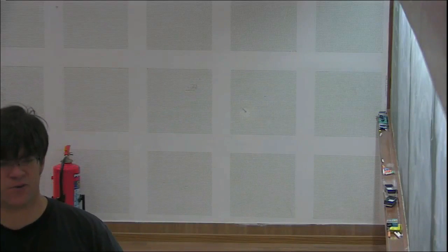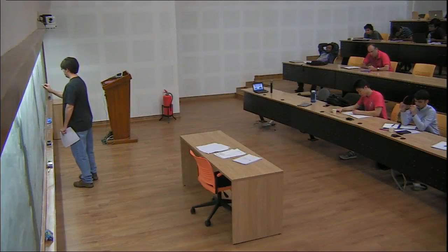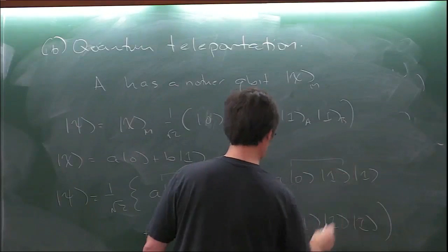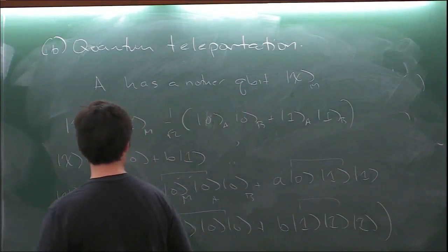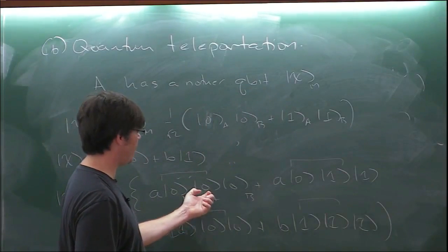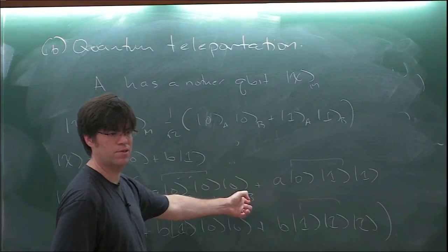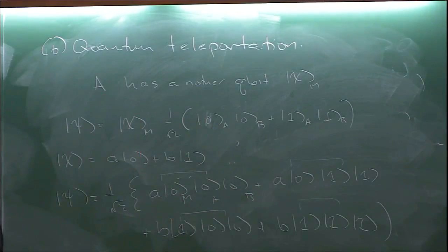Now, what I'm going to do is take this state and write it down as the tensor product of the pair of the message bit and Alice's bit times the state of Bob's bit. Similarly, I can perfectly well write down basis vectors for the tensor product of the message bit and Alice's bit.